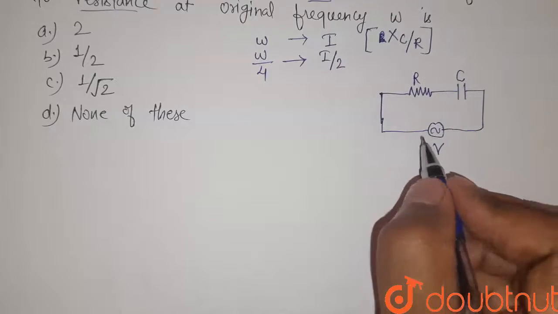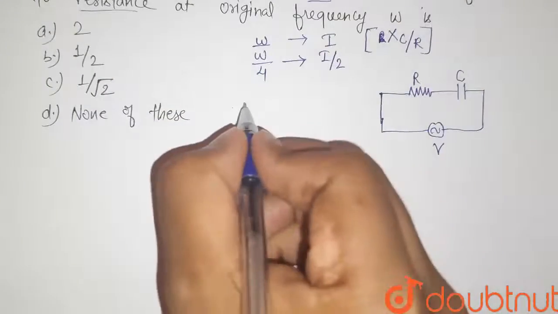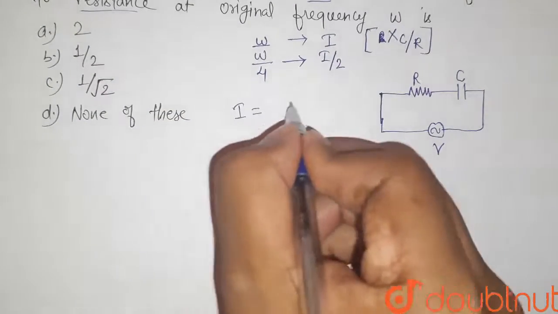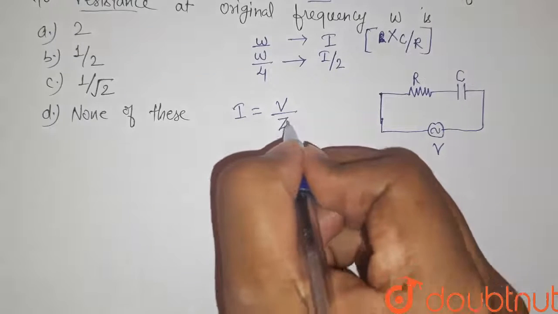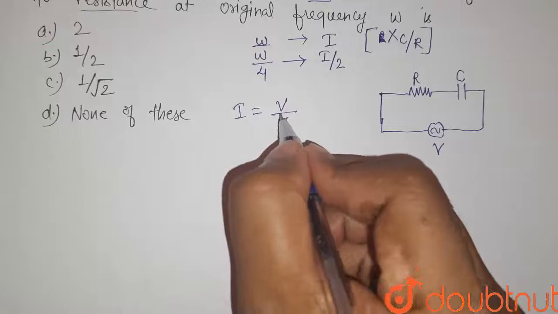Initially, when the frequency is omega, the current is I. The current is given by I equals V upon Z, where Z is the impedance. So we have to find the impedance first.